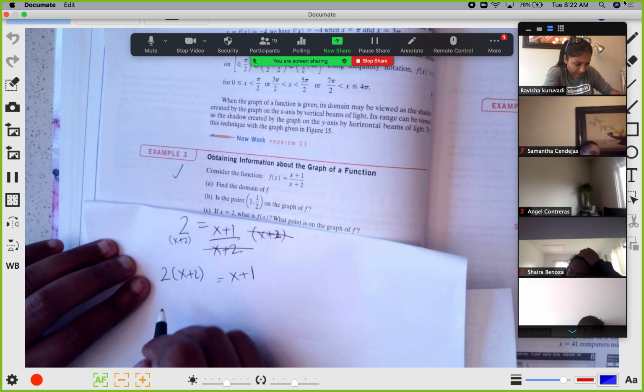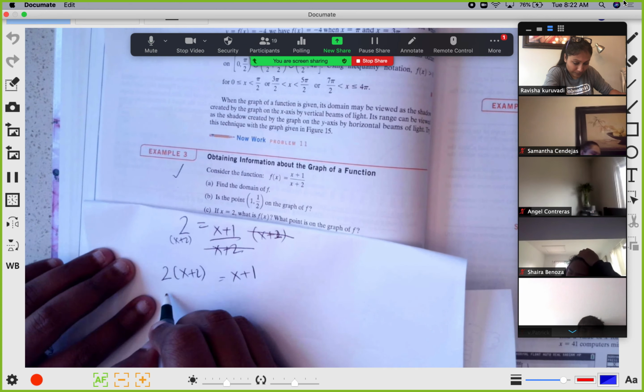What does it become? 2x plus 4 is equal to x plus 1. Then you subtract 4 from both sides. 2x is equal to x minus 3. What else?